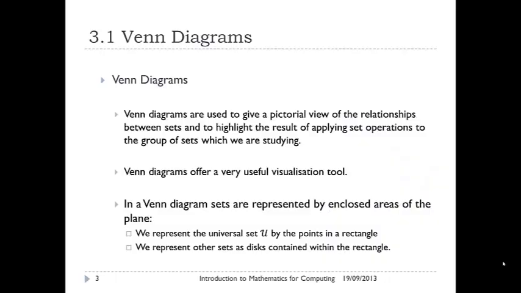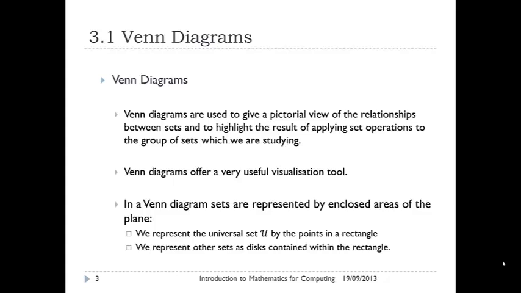So Venn diagrams, as I say, these are ways to get a pictorial view of the relationships between sets and to highlight the result of applying set operations to the group of sets which we are studying. So typically we will envisage a universal set, and as part of that universal set we will be interested in some subsets. The Venn diagram gives us the capability to create a diagram showing the relationships between the subsets and the universal set.